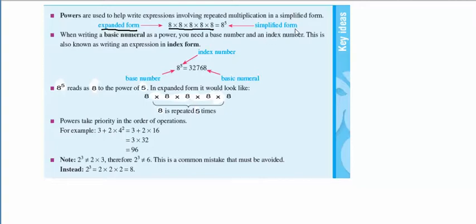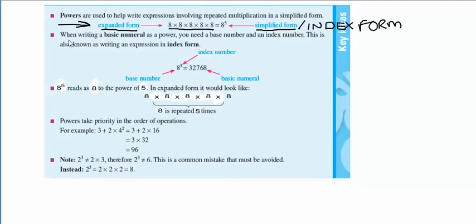To write it in the simplified or index form, you write the number being multiplied by itself, which is the 8, and then write as the power or the index the number of times it's been multiplied. In this case 5, so it'd be 8 with a 5 like that. Make sure you write this in particular down.